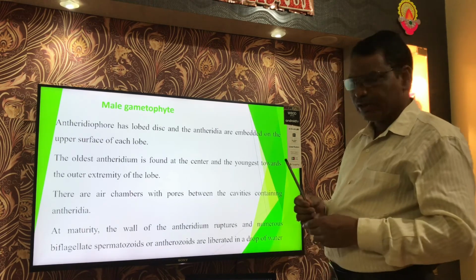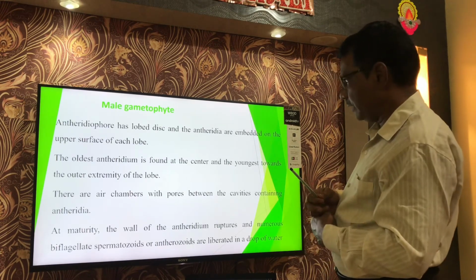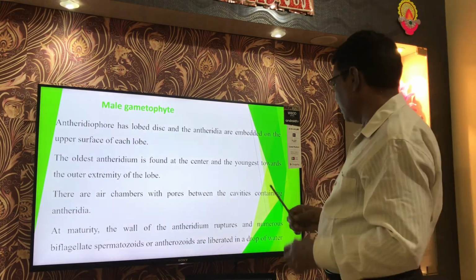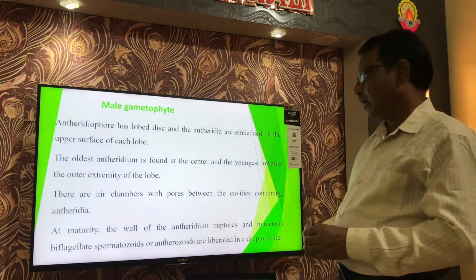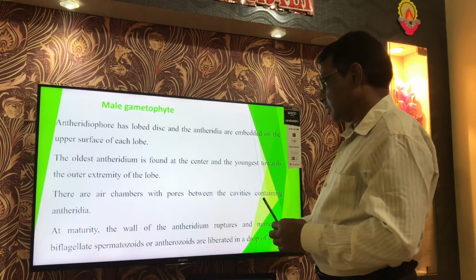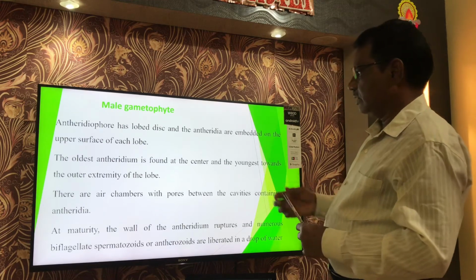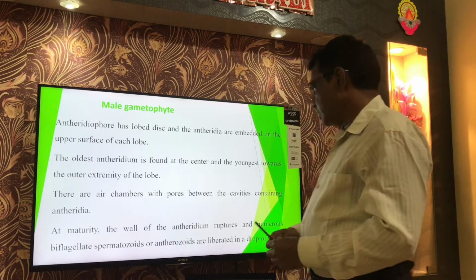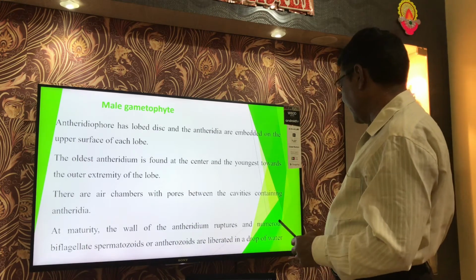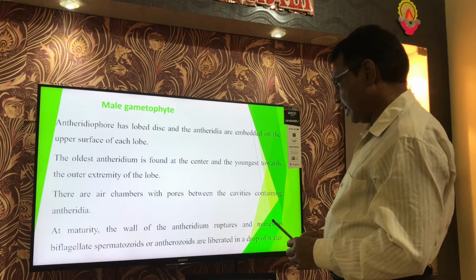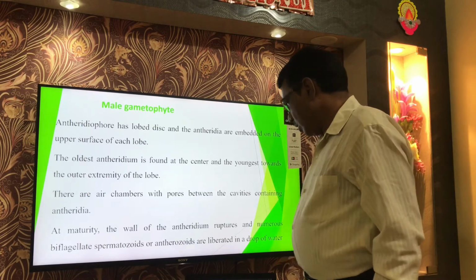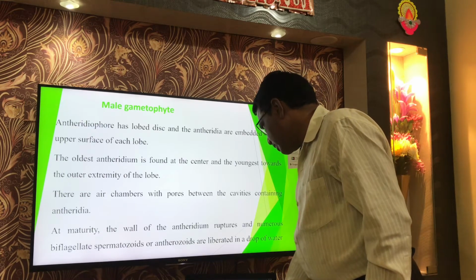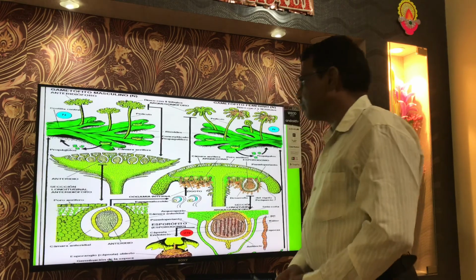If you observe the distribution of antheridia, the oldest antheridium is found at the center, and towards the periphery you have the young antheridial structures produced on that disc. Here there are a number of air chambers with air pores between the cavities containing antheridia, and at maturity the wall of the antheridium ruptures and a number of biflagellate spermatozoids or antherozoids are liberated in a drop of water.